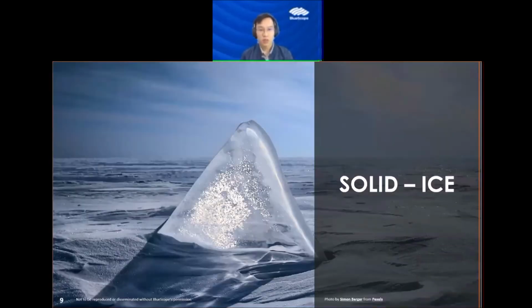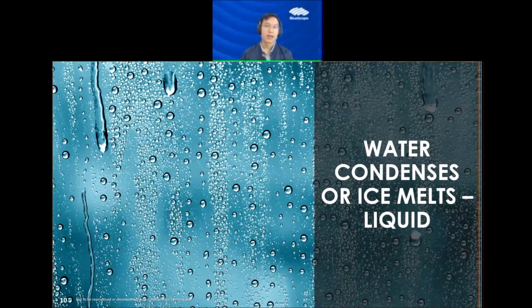The first one is solid, which we typically refer to as ice. This is purely for water. The second one is liquid. This is when the water condenses from a vapor or steam state, or comes from the ice melting.